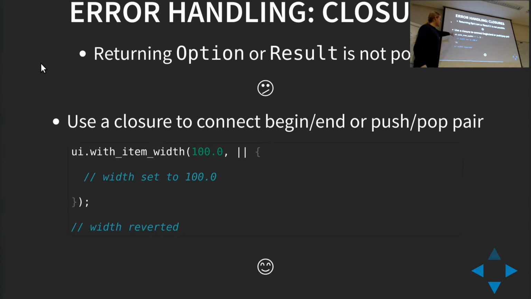And this is the current recommended solution. There's this with item with, and you give it the closure, which is the code that has to be executed between the push and pop. So in this block, the width is set to this value, and after this block, it's reverted. And this is safe. It doesn't crash, because it always pushes once and pops once.